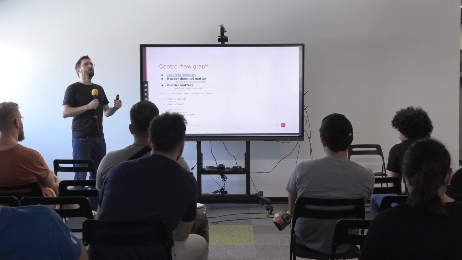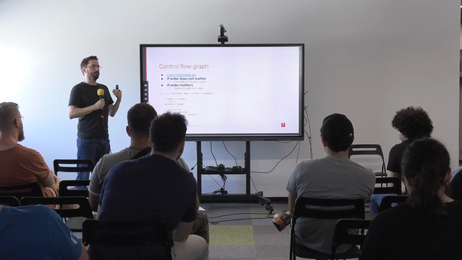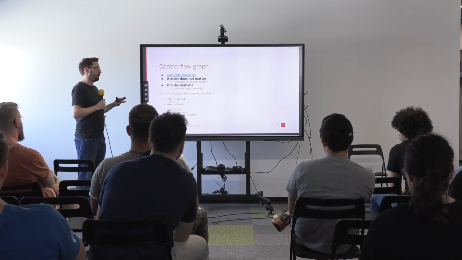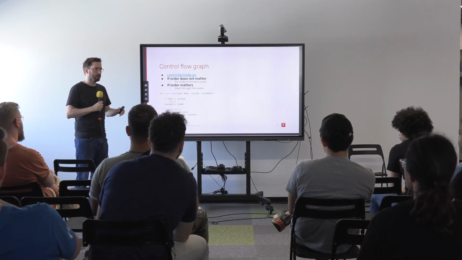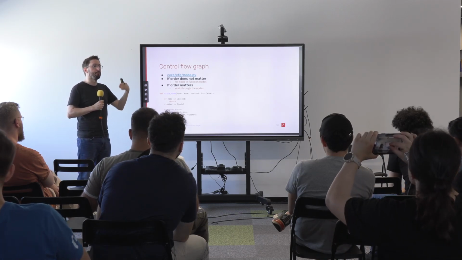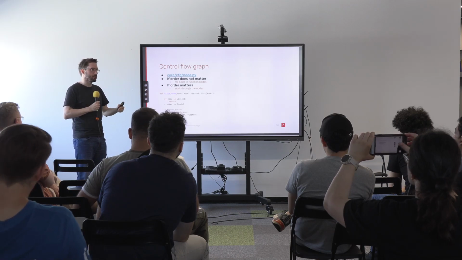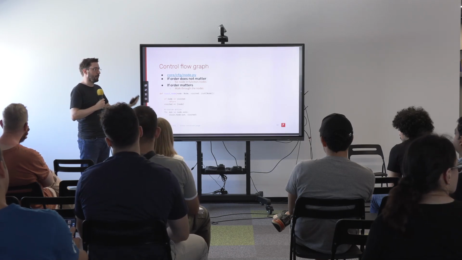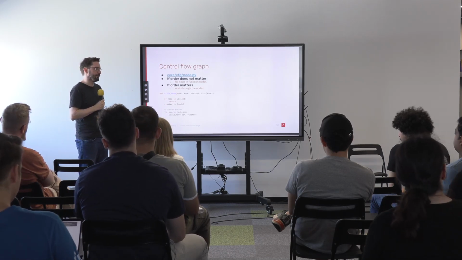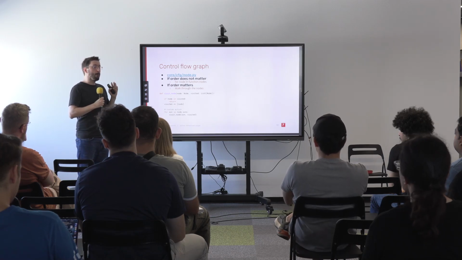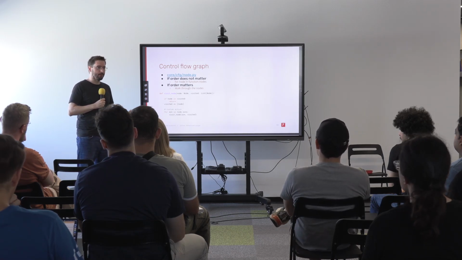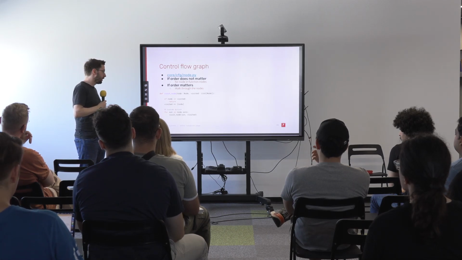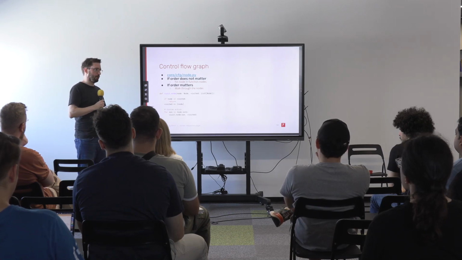Now, if you are building an analysis that depends on the control flow graph, you have basically two categories. Either you are trying to iterate over all the nodes, like for example, if you want to know if there is a specific operation in the function, you can just iterate over all the nodes. It's a list. You don't care about the order, you just want to know if there is a specific instance. If you are building something a bit more complex and you need to respect and follow the order of declaration of the nodes, then you need to walk through the nodes.